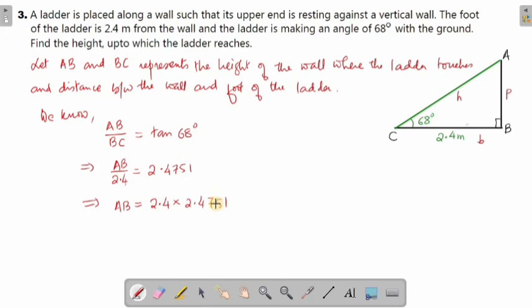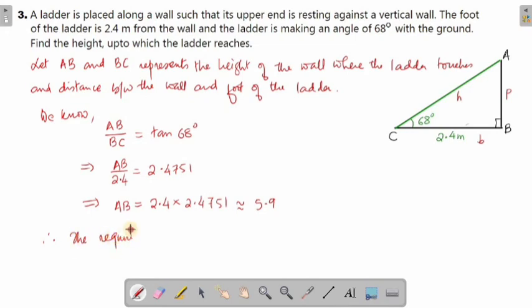Okay, so you just need to multiply here now. 2.4 into 2.4751 gives you approximately, I'll just write down the approximate value. This is the sign of approximation, remember. It will be around 5.9.